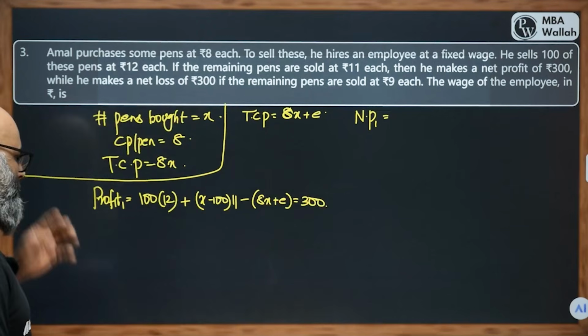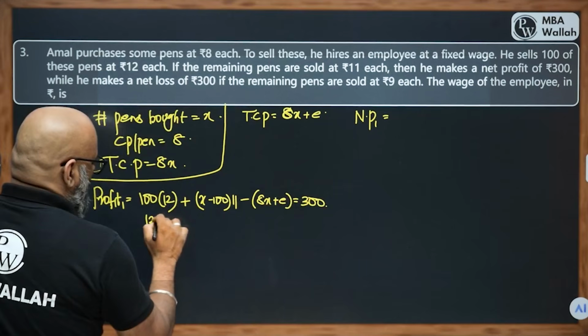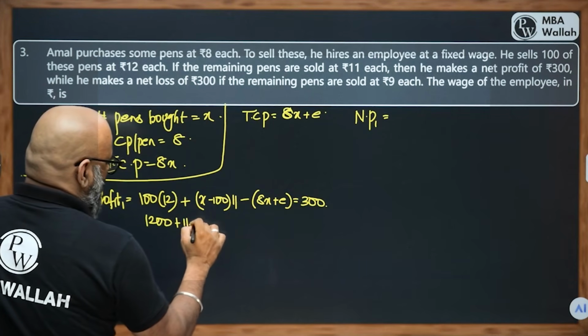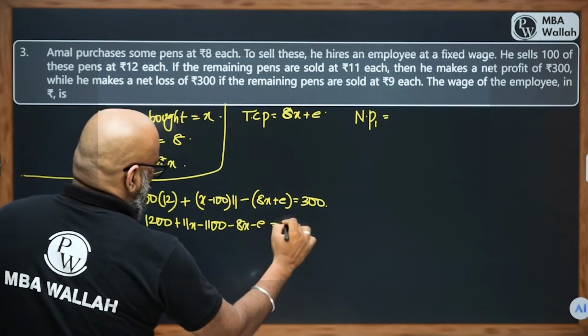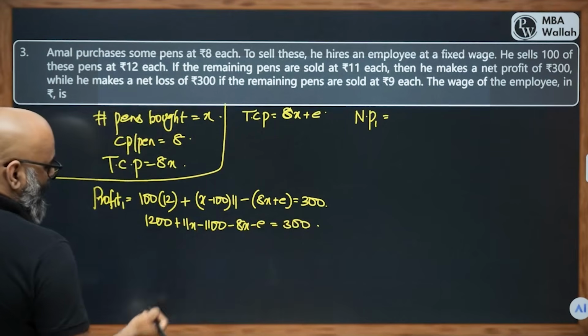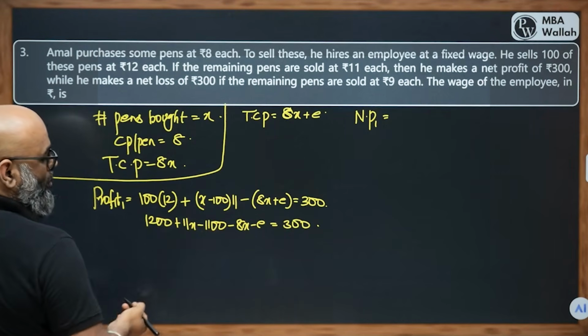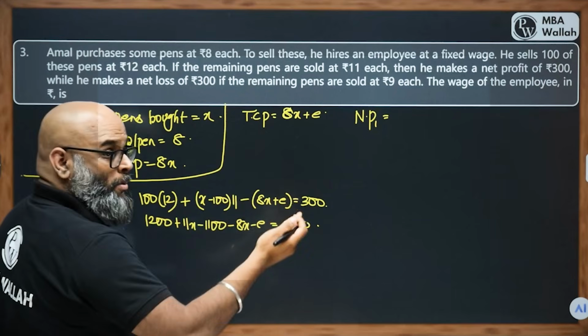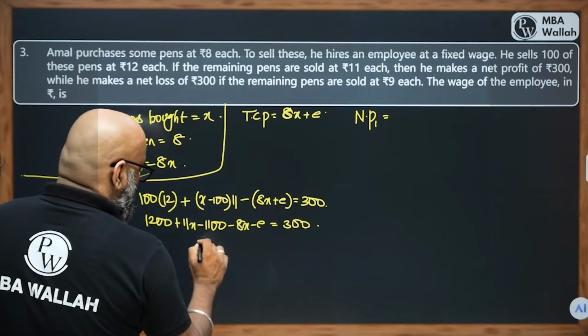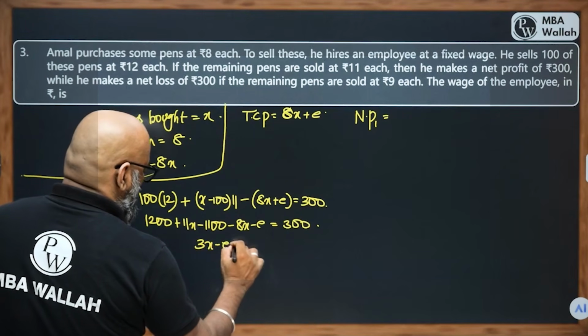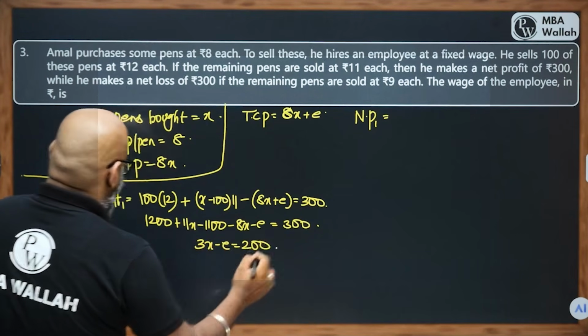Solving this equation, you get 1200 plus 11x minus 1100 minus 8x minus E is equal to 300. So 1200 minus 1100 is 100, goes over there, becomes minus 100. So this will be 200. 11x minus 8x is 3x, minus E is equal to 200.